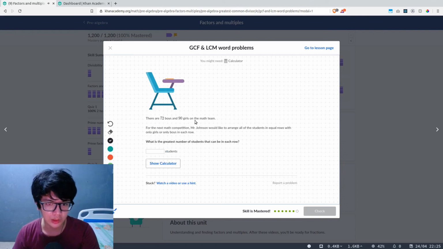There are 72 boys and 90 girls on the math team. For our next math competition, Mr. Johnson would like to arrange all of the students in equal rows, only girls or only boys in each row. What is the greatest number of students that can be in each row?